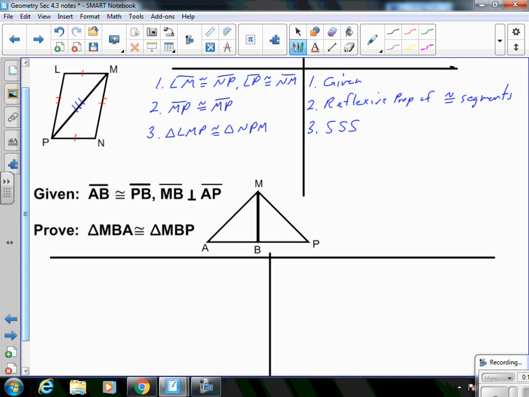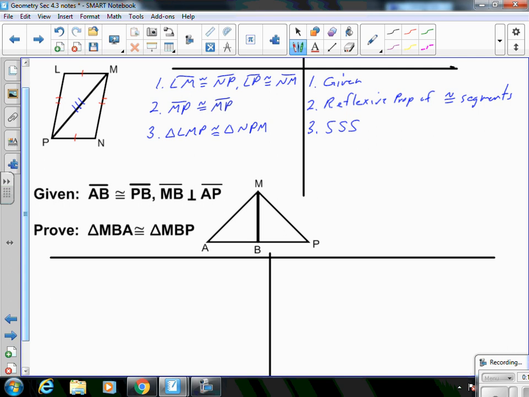All right, so the next one says given that side AB is congruent to side PB and segment MB is perpendicular to segment AP, prove that triangle MBA is congruent to triangle MBP.